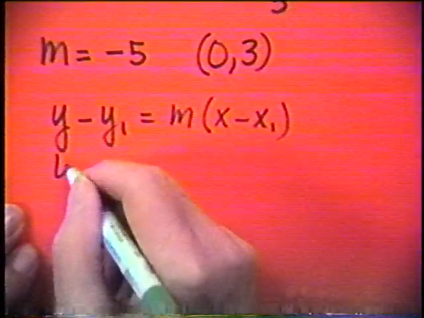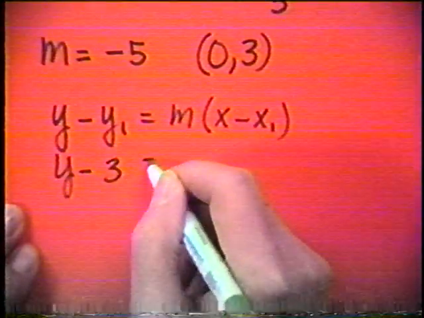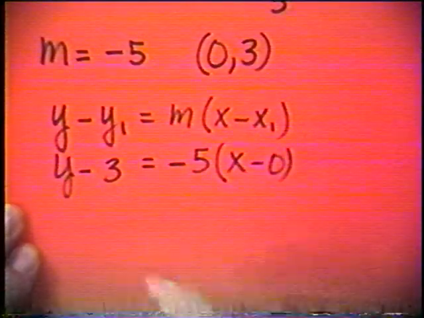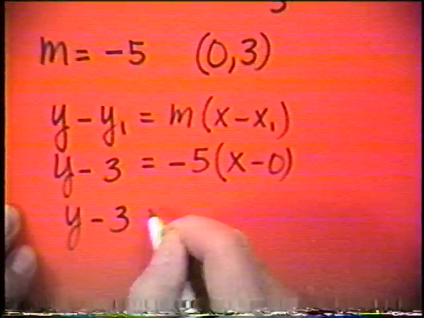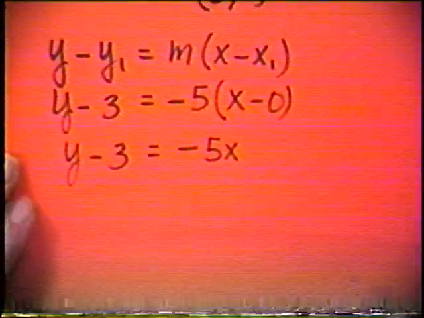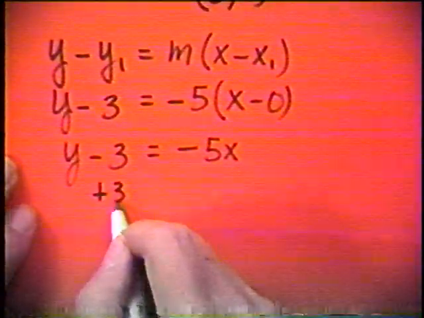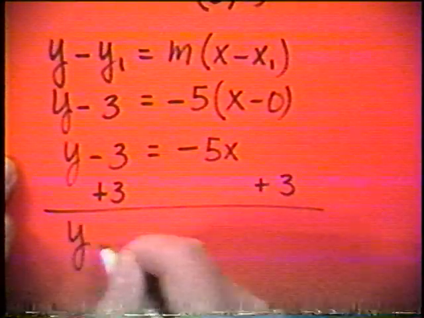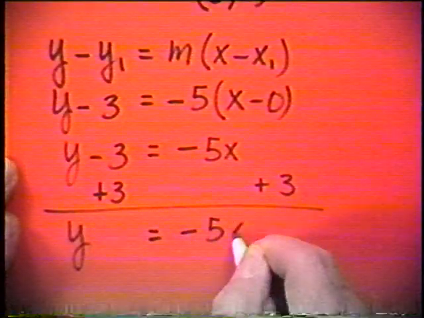So we would have y minus 3 equals -5 times x minus 0. So y minus 3 equals -5x. It's up to you what you do next. Add 3 to both sides first, probably is what most of you would do.